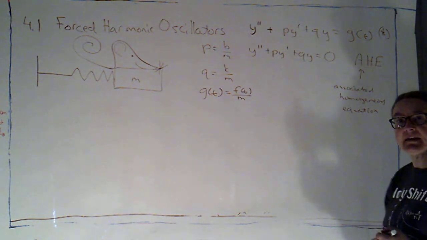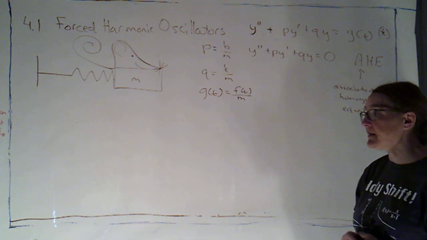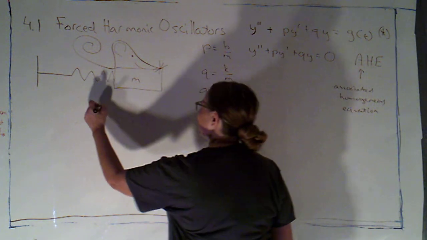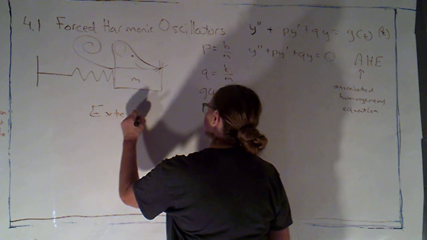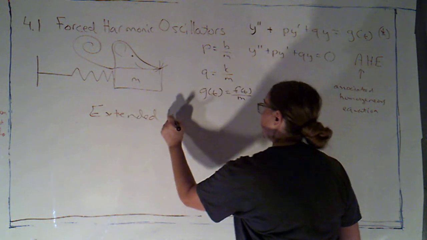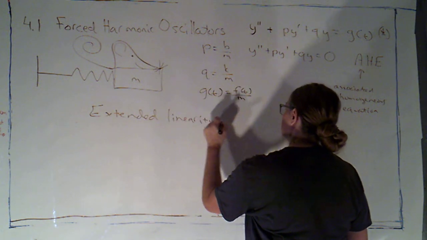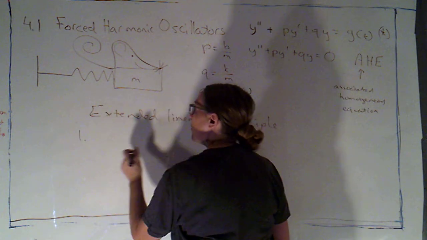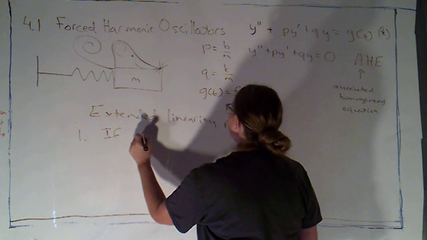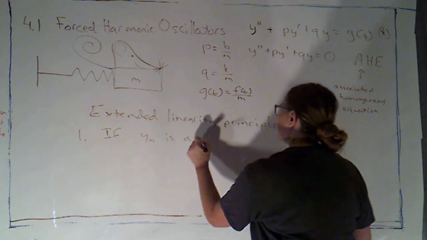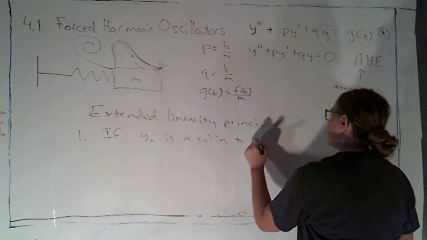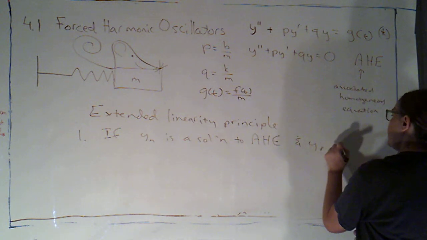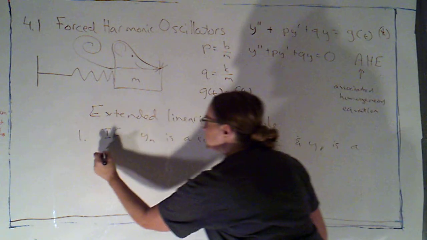So what I'm going to do right now is just state the extended linearity principle, and then in the next video we'll prove it. So it comes in two parts. One, it says if y sub h is a solution to the associated homogeneous equation, and y sub p is a solution to star.